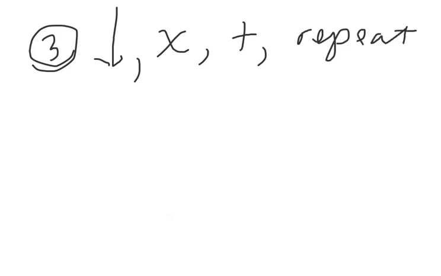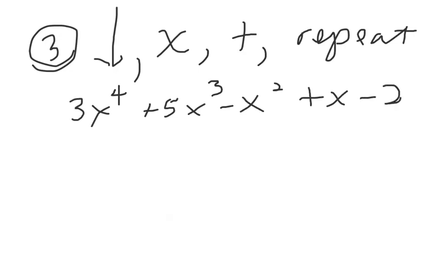So I think I'm going to pause here before I get to step 4 and actually show an example so you guys can get a better understanding of what's happening. So here's the polynomial I showed you earlier: 3x to the fourth plus 5x cubed minus x squared plus x minus 2 divided by x plus 2.